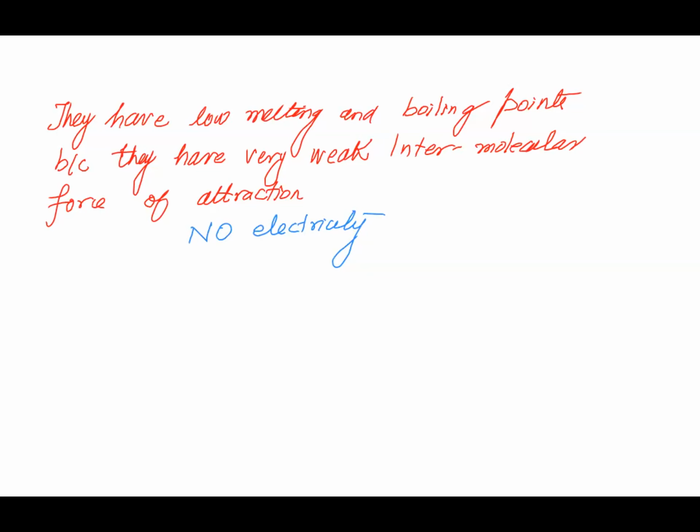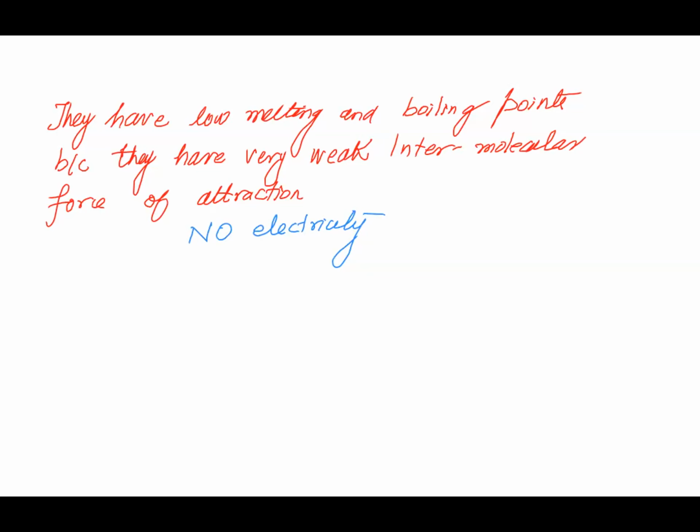Can anyone repeat all four characteristics? Explain one by one, all four properties. They are liquid or gas at room temperature because these substances are made of simple molecules and are joined by covalent bonding.